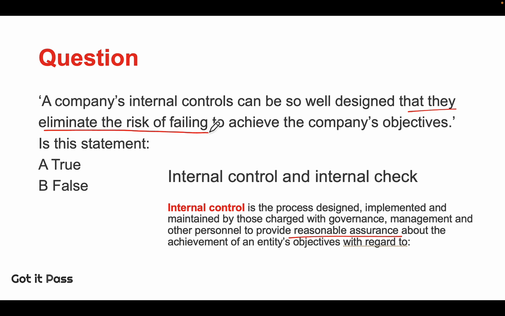Honestly, internal control is not perfect. So they provide reasonable assurance, and you can decide whether this statement is true or false by recapping our discussion on the definition of internal control, which we described as a process designed to provide reasonable assurance.